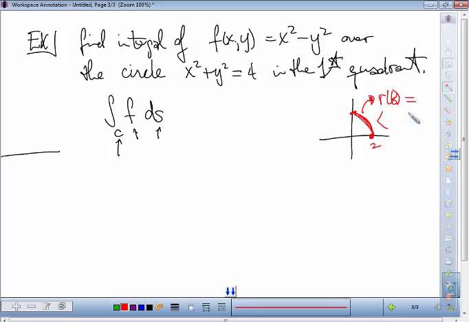What's your radius? 2. So 2 cosine t, 2 sine t. Just testing. Whenever you parameterize a curve, it's important to know when you're starting and stopping also, because this is really what's going to control the limits of our integration. So from what to what?